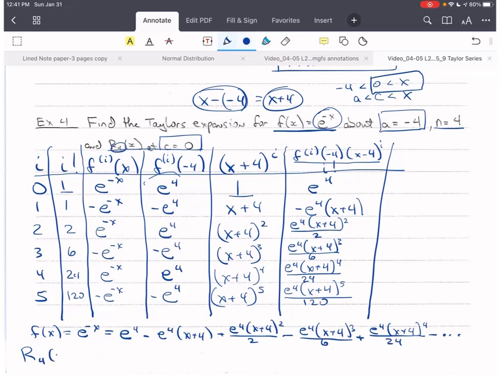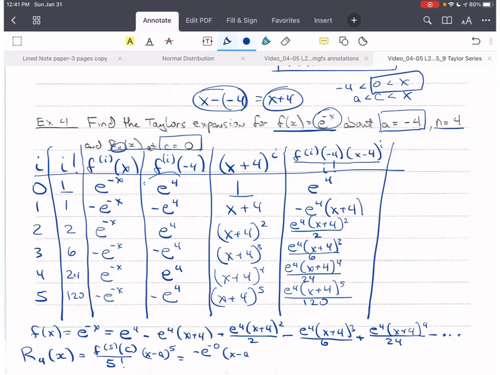So it's R4 of x equals the fifth derivative of f at c, times (x minus a) to the 5th, over 5 factorial. So this is going to be the fifth derivative, negative e to the negative x, but this is at c. C is 0.